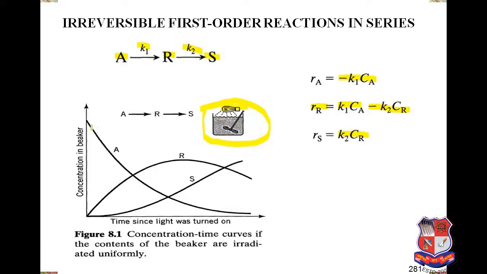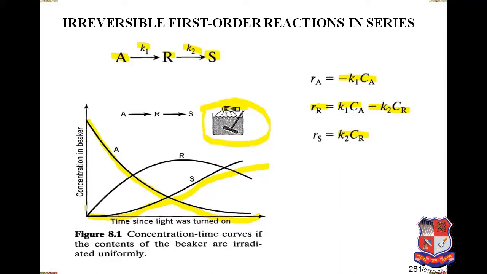So in this case the concentration of A is continuously decreasing, that is expected because there is no formation of A, only consumption. So A is changing like this. But S is always increasing, means it is always forming, no consumption of S. So A is being consumed continuously, S is forming continuously.